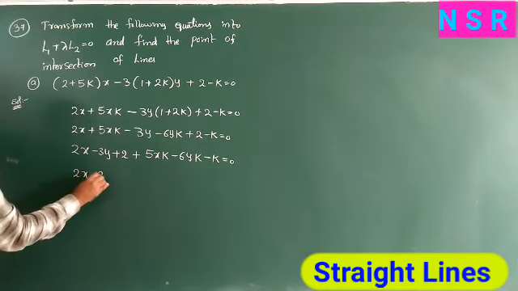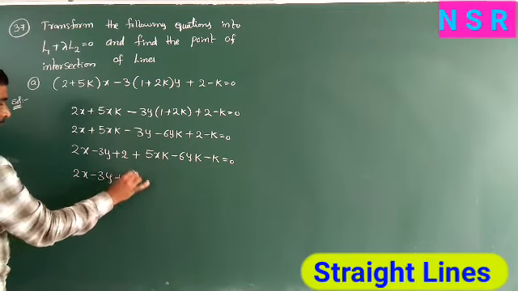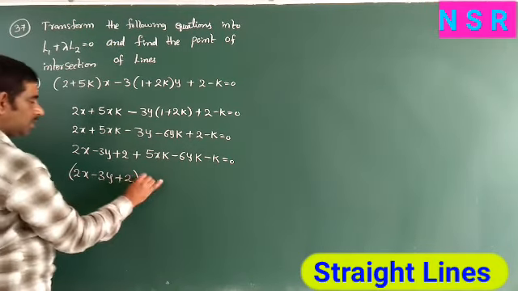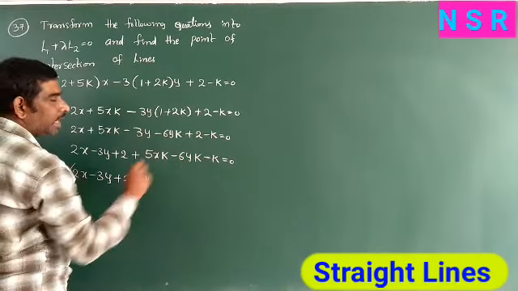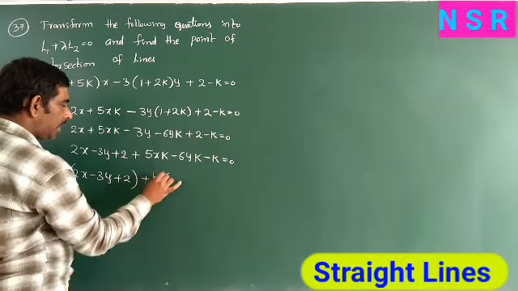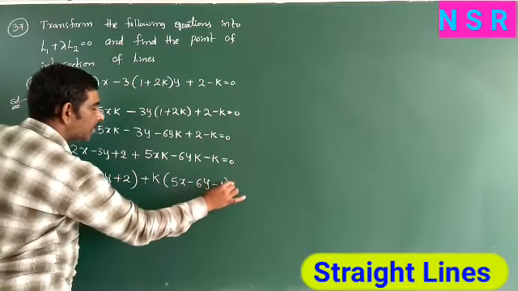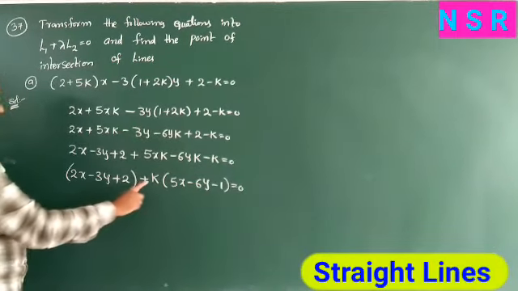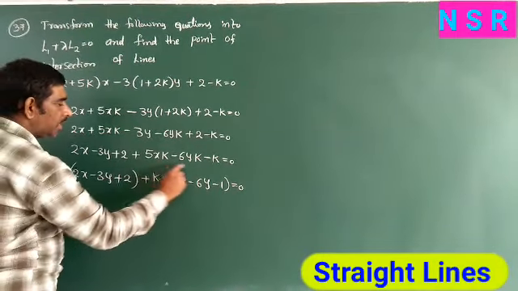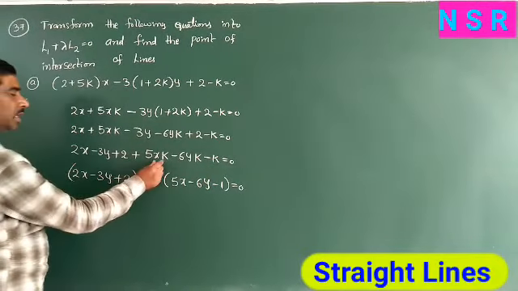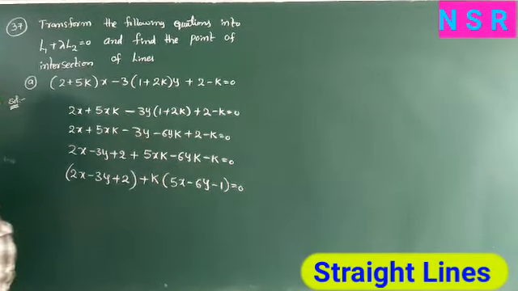So 2x minus 3y plus 2 plus, in these three terms take k common, we get 5x minus 6y minus 1. Multiply k with these three terms, again we get this step. So in these three terms we are taking k common.